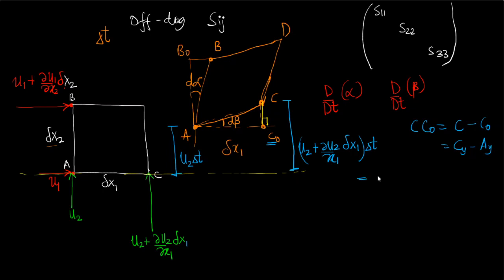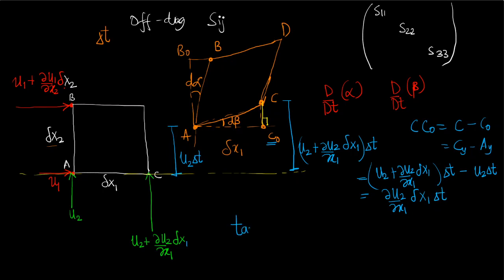This is going to be equal to u2 plus del u2 del x1 delta x1 times delta t minus u2 times delta t, and this is equal to del u2 del x1 delta x1 delta t.